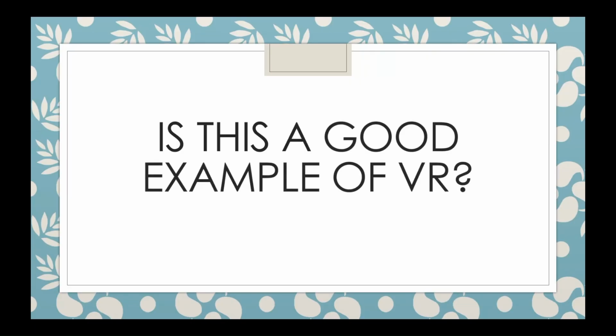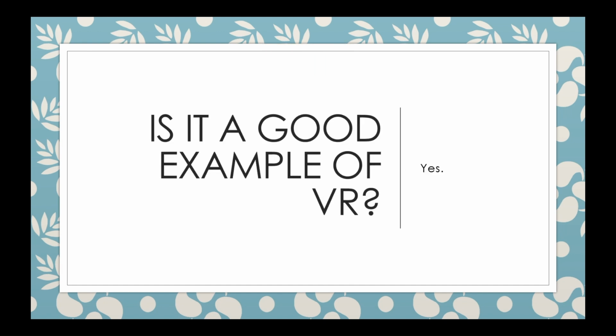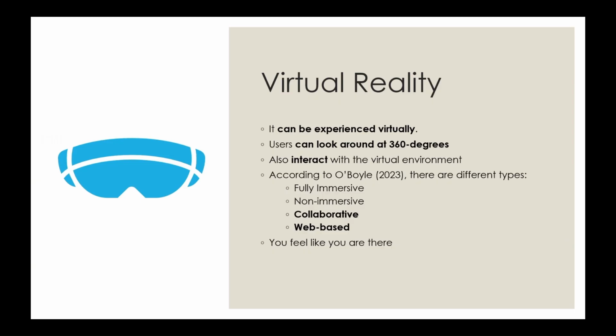So, is this a good example of virtual reality? I do believe that, based on our earlier definitions, this website is an excellent example of virtual reality. And here's why. The tour is experienced virtually, meaning that it exists in a digital simulation rather than interacting with real-world elements.